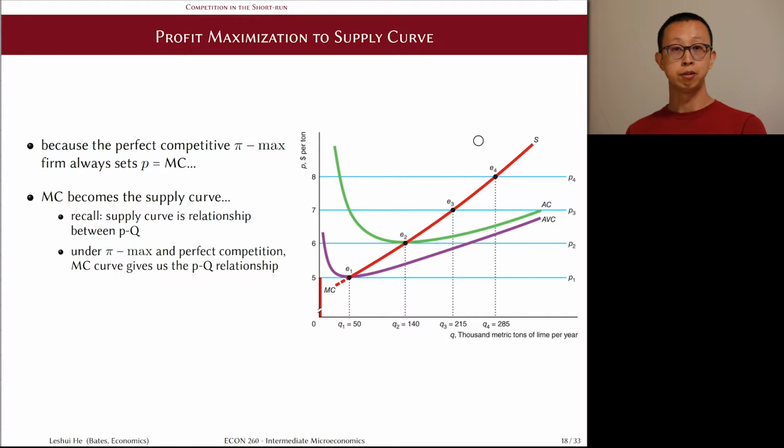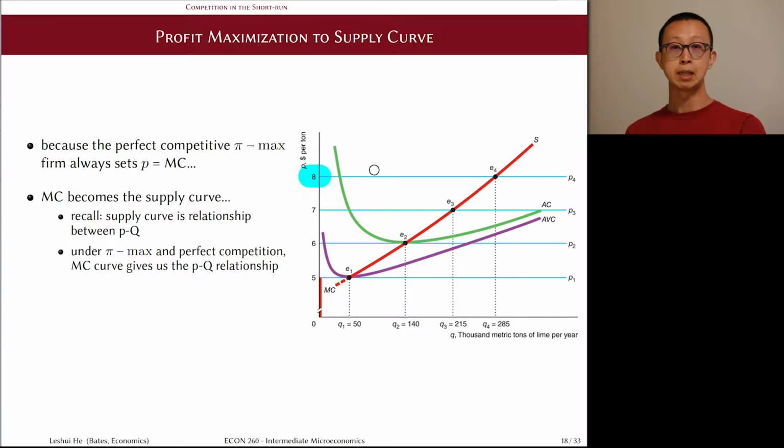Recall that the supply curve maps the market price to the output level that the firm is willing to produce. Let's pick an arbitrary price level here on this graph. Let's say at $8.